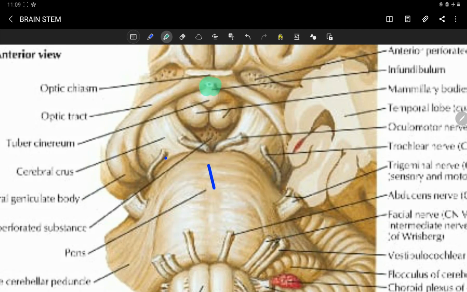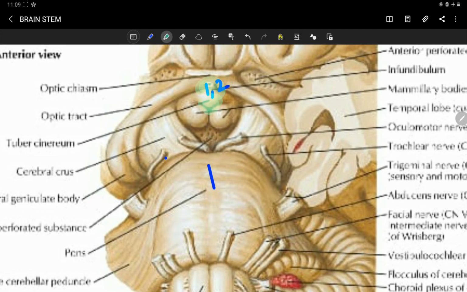This is the infundibulum. And then I can see also here the stalk of pituitary actually. Okay, 1 and 2, I am writing infundibulum, stalk of pituitary, and then I can see here this area.